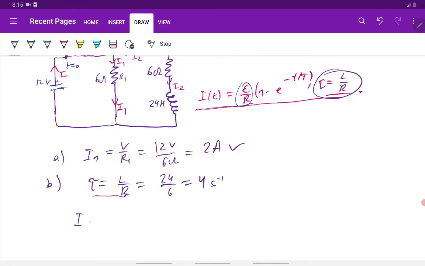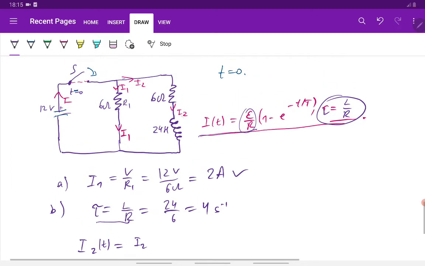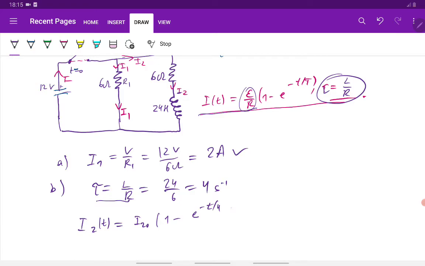So I2 of t equals I2, so it's initial current here, right, going in this direction, I2 initial times 1 minus e to the minus t over this thing, tau, which is 4, right? So we found it. So it's 2 amperes, right?